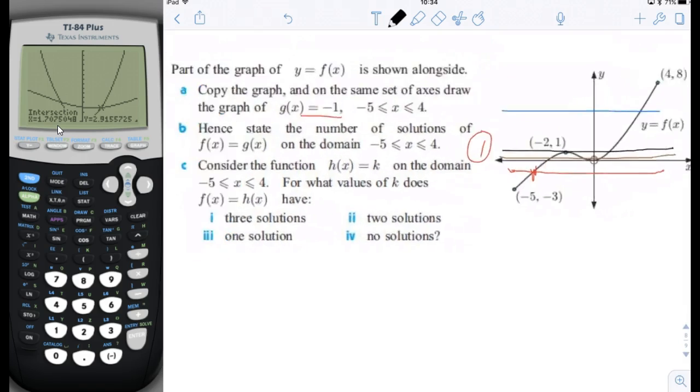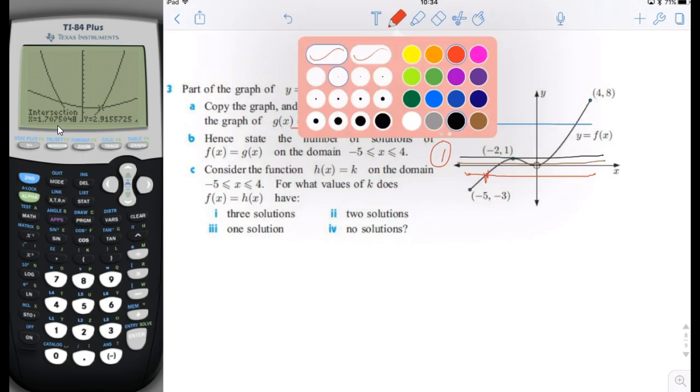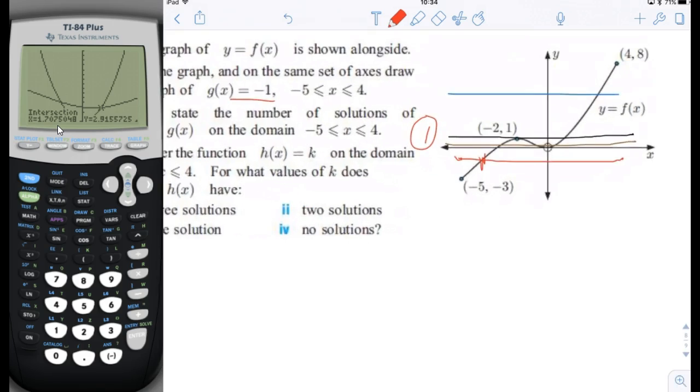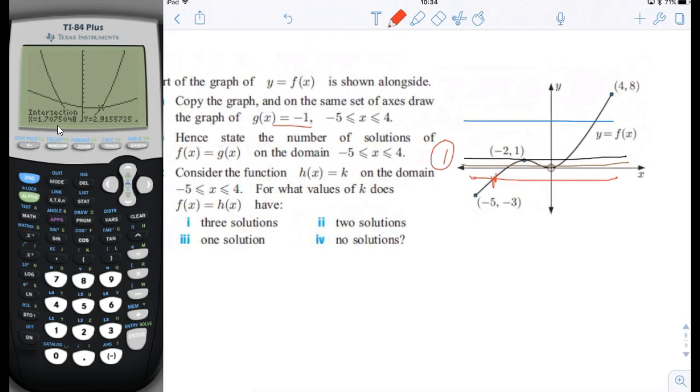So for what values of k does the intersection have 2 solutions? That would be only the black line and the x-axis. So the 2 solutions would be k equals 0, which would be the x-axis, and k equals 1, which would be the black line.